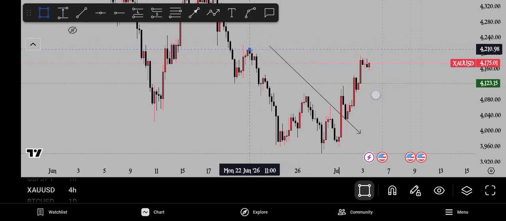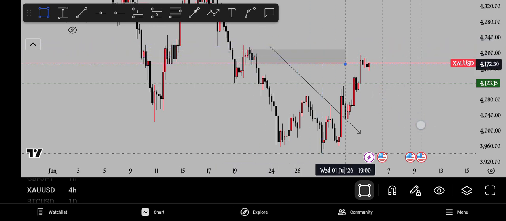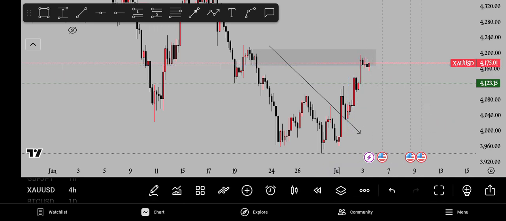Watching out for also this supply. Actually, watching out for this supply. So that is the supply I'm waiting for.